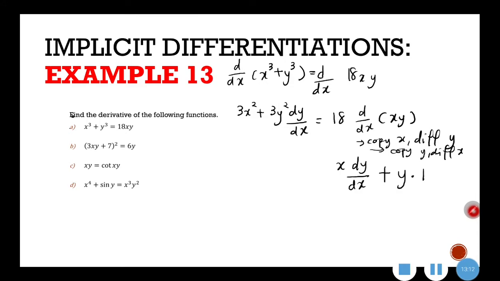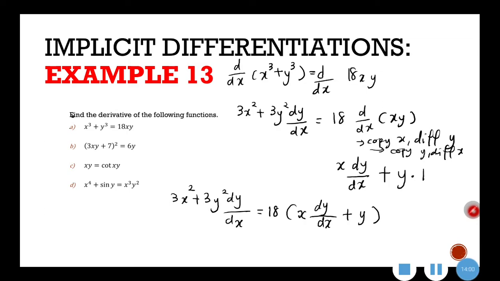Okay, so now this part here can be rewritten like this: 3x square plus 3y square dy dx equal to 18 times x dy dx plus y.